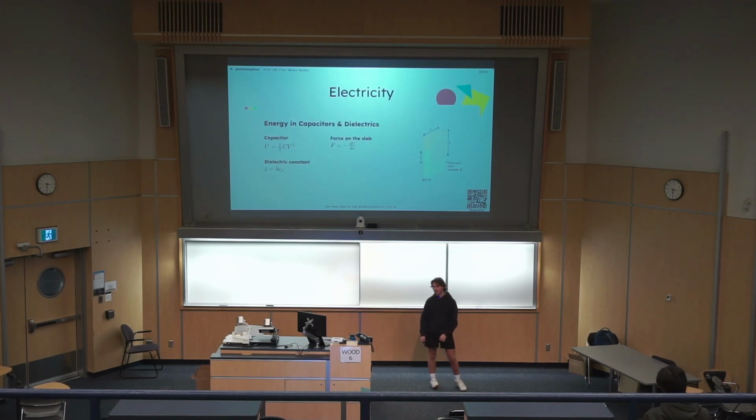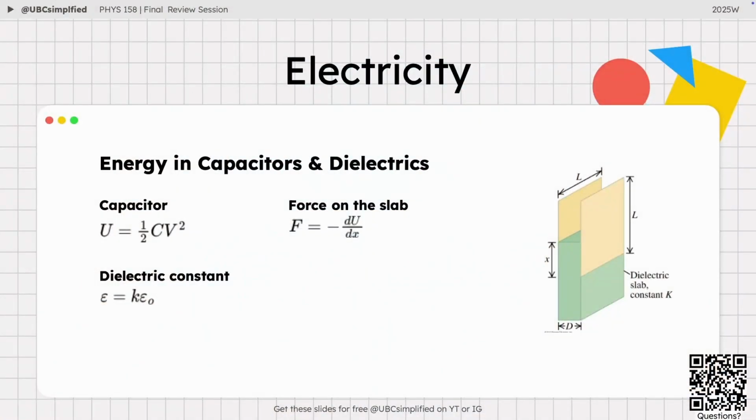Now I'll talk specifically about one example they really like: capacitors and dielectrics, and pushing a dielectric into a capacitor. The internal energy of a capacitor is given by 1/2 CV squared.